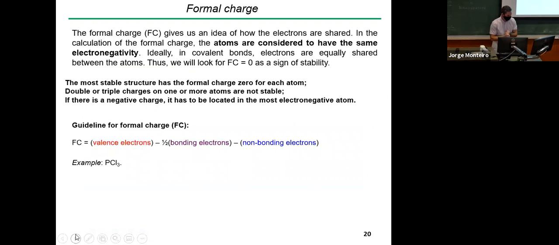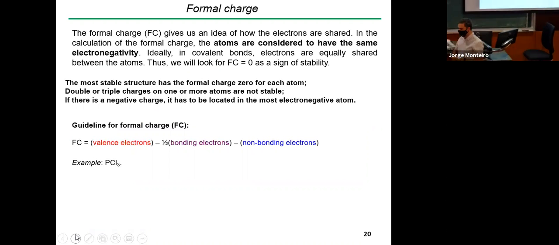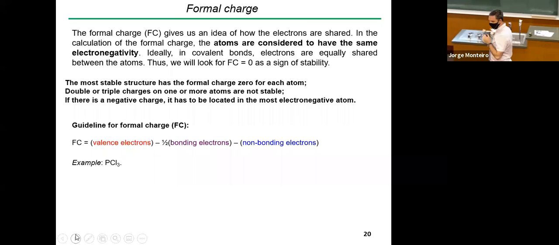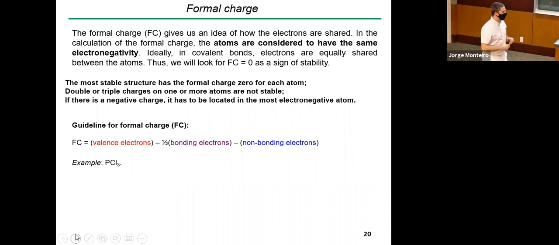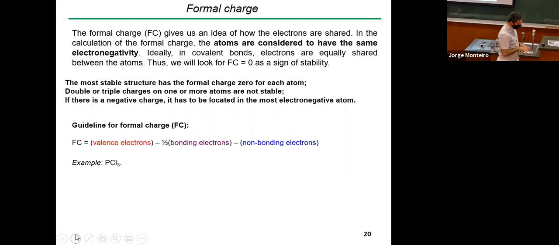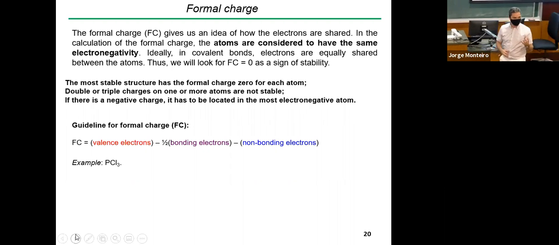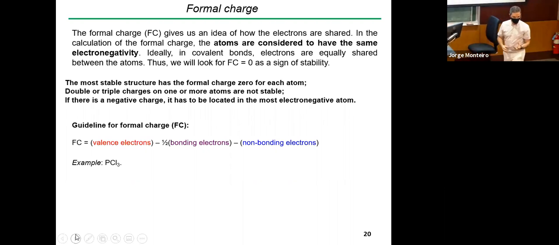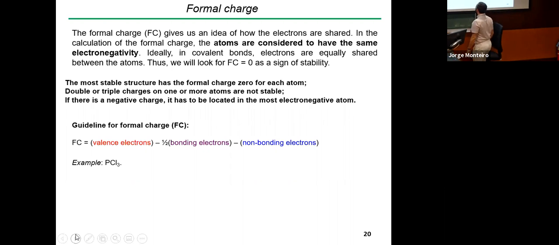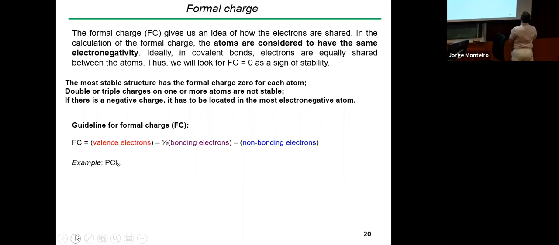Okay. Very good. Now let's talk about formal charge. We are going to use the concept of formal charge to decide which Lewis structure for a covalent compound is the most stable. The formal charge gives us an idea of how the electrons are shared.